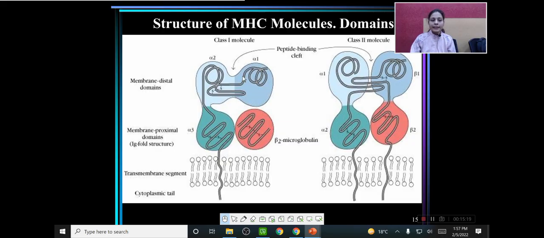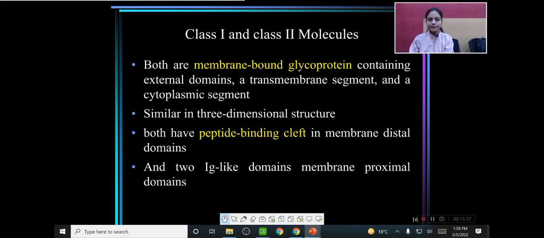In the class first molecule, only the alpha chain crosses the transmembrane segment, whereas in class 2 both alpha and beta chains are present, and both cross the transmembrane segment.